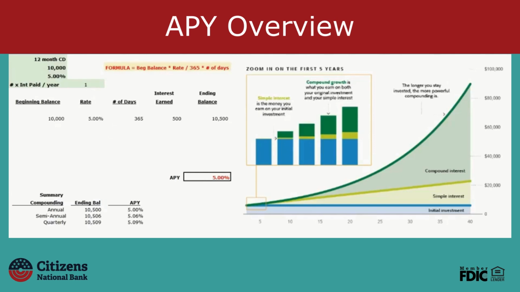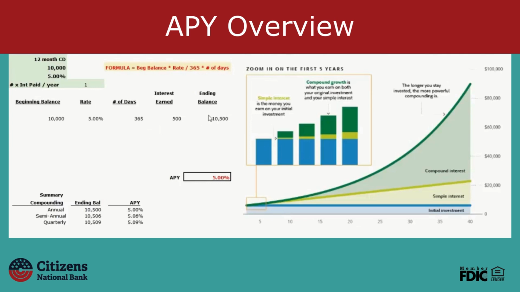So if we walk through this example, $10,000 times 5% rate divided by 365 days times 365 days. Since we're only compounding that interest one time, we're paying it once in the year. That gets us to $500 interest earned.